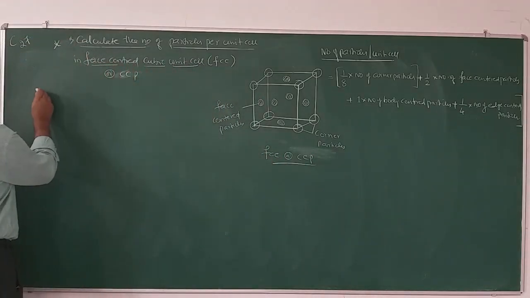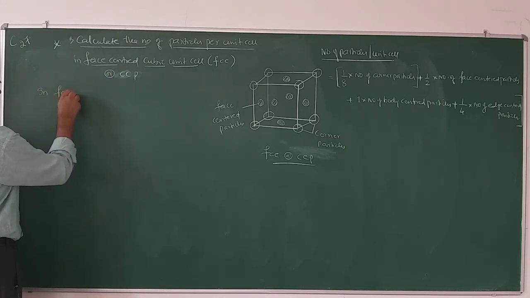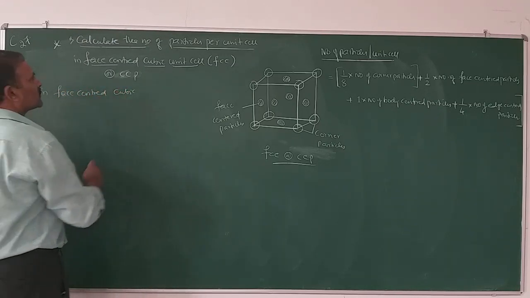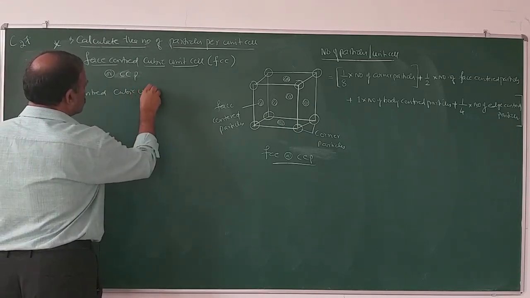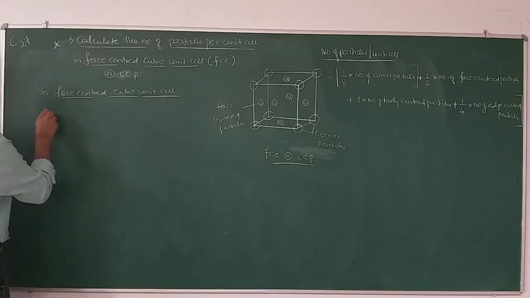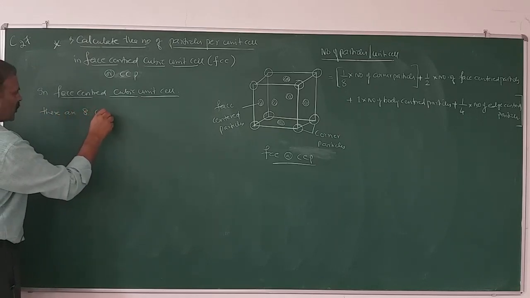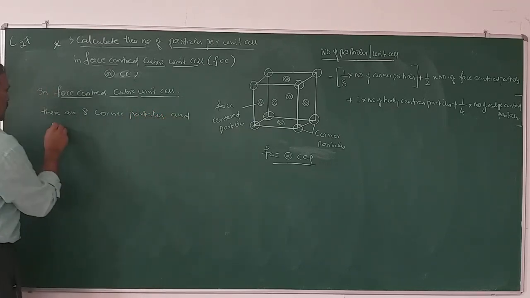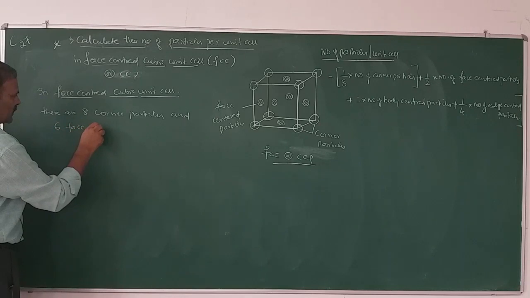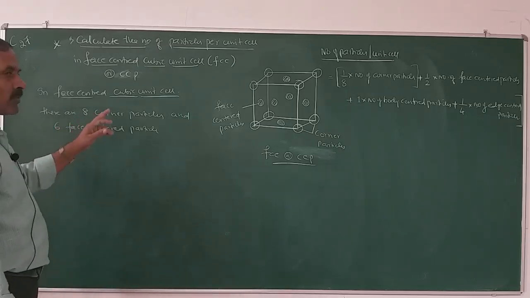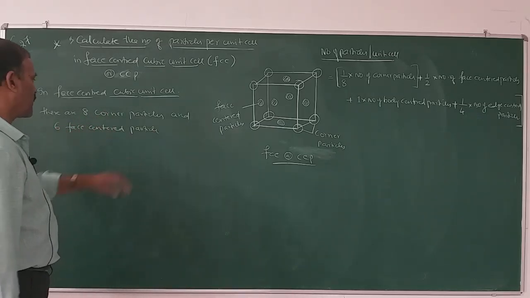So write down, in face centered cubic unit cell there are 8 corner particles and 6 face centered particles.